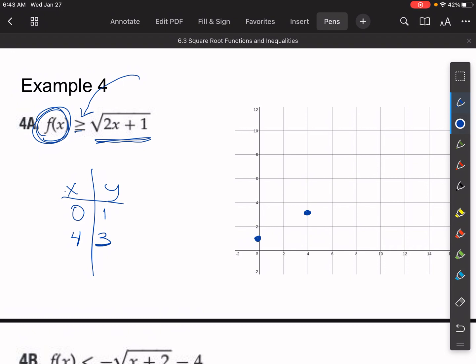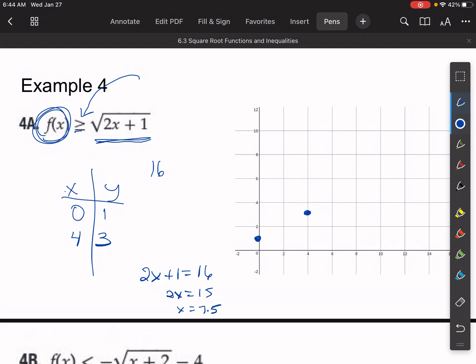The next perfect square there would be 16. How can I make that go to 16? That's not as easy, is it? Let's just see. If 2x plus 1 is equal to 16, then 2x is equal to 15, so x is equal to 7.5.